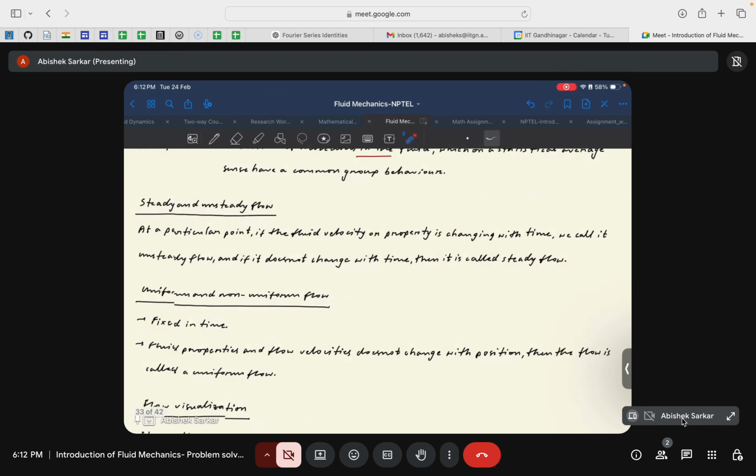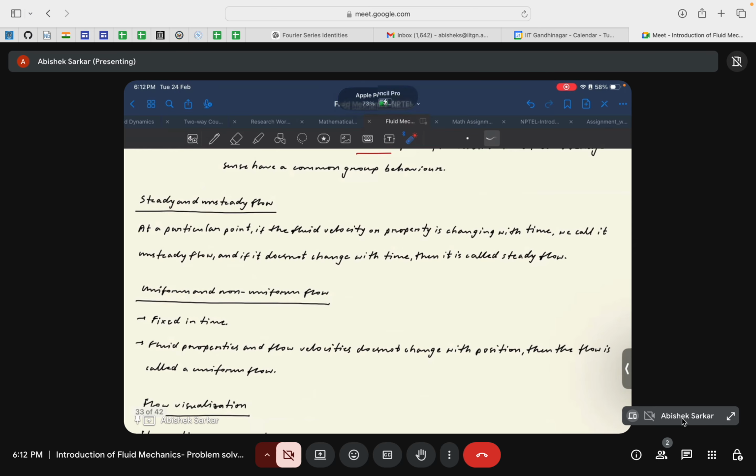So there are then again some mundane but important concepts, that is steady and unsteady flow. Okay, as from the name itself, I think it's quite well understood. Steady flow would mean that the flow is not a function of time. Unsteady flow would mean that the flow in a given space varies with time.